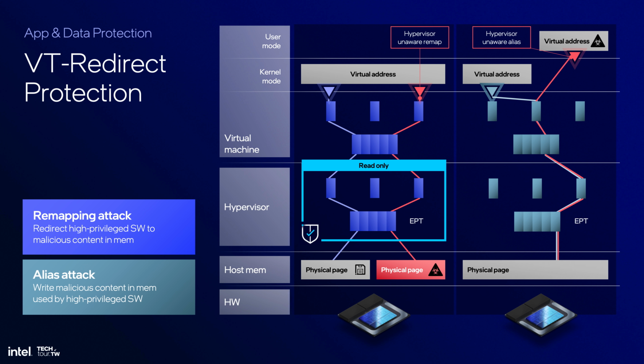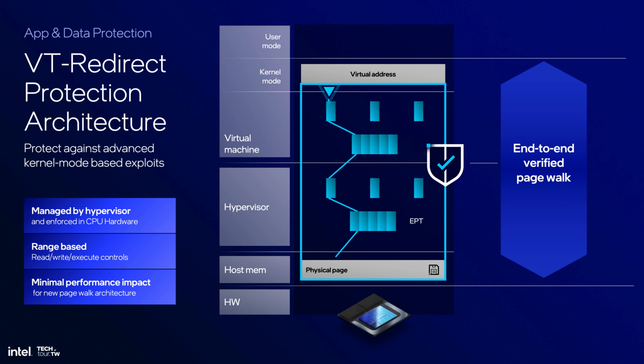So these are two important attacks in what we call the kernel page exploits. And VRP, or virtualization redirect protection, precisely addresses them. We have a few hardware changes that went into our CPU to provide, as I said, that end-to-end page walk protection. One of those is important, which we call the HLAT page table structure, which replaces the existing page table structure to ensure that this end-to-end protection is provided.